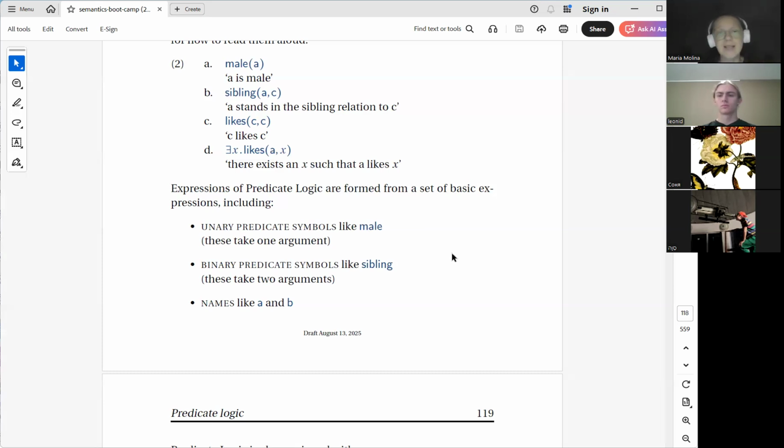And as we have valences with verbs, predicates in predicate logic can be unary predicate symbols with only one argument. They can take only one argument. And binary predicate symbols, like transitive verbs, that take two arguments.